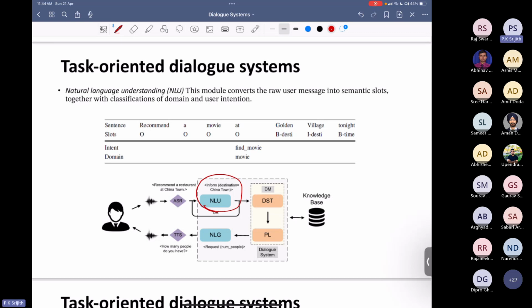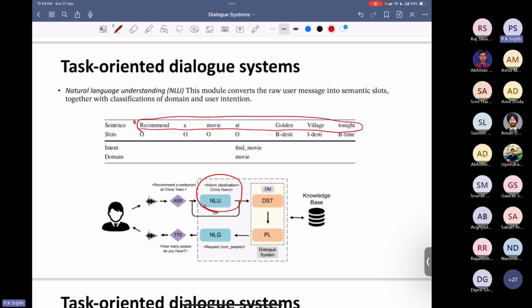So for instance, if the user provides an input sentence like this, "Recommend a movie at Golden Village tonight." Let us assume this is the input the user has provided. For a dialog system to respond, it has to understand which domain the user is talking about.